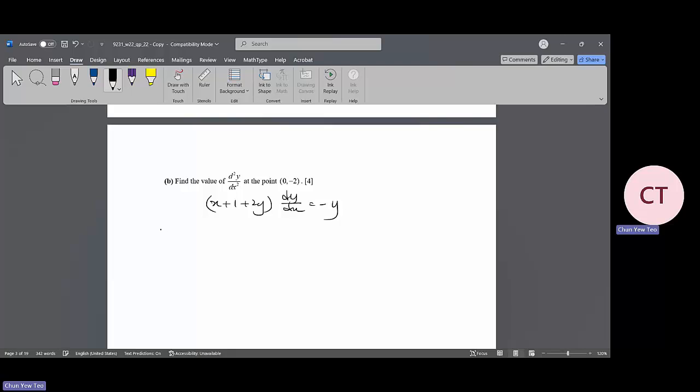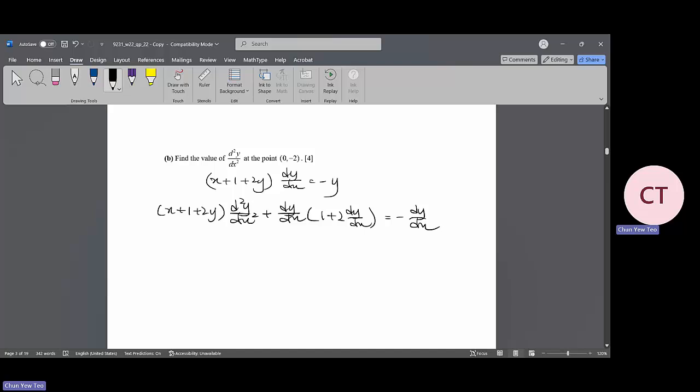I differentiate it: keep the left, differentiate the right, plus keep the right, differentiate the left. The right hand side, you differentiate it. Then you can simplify them.